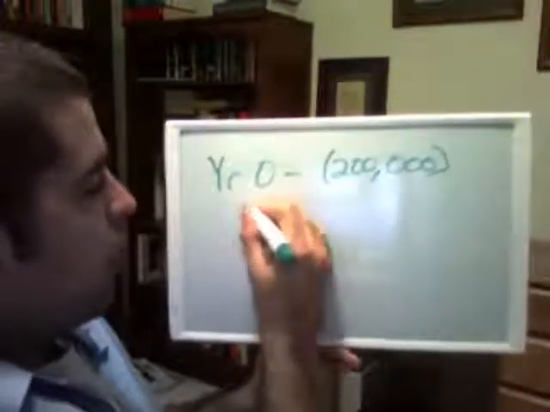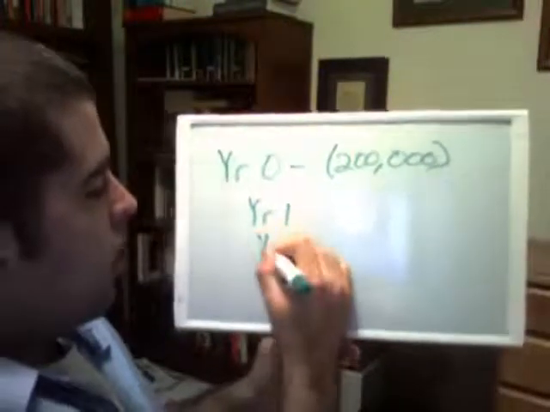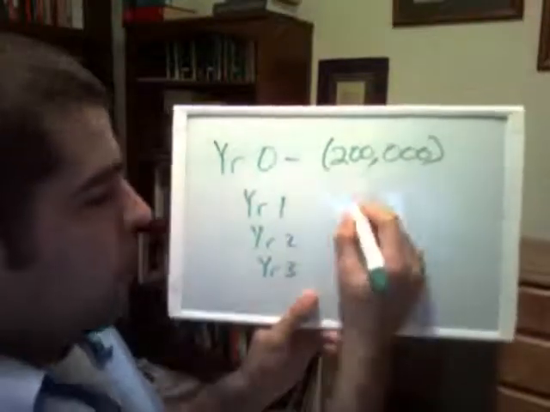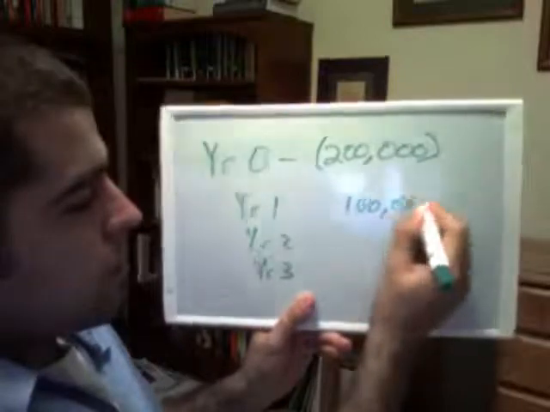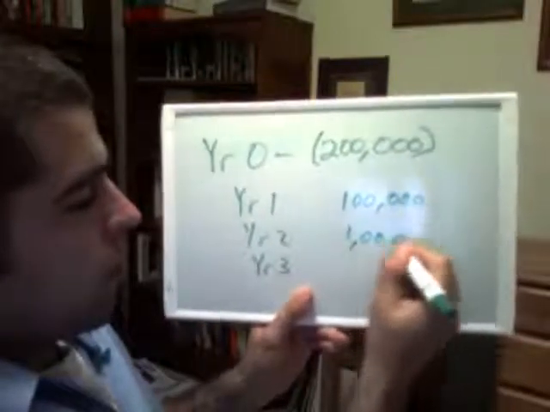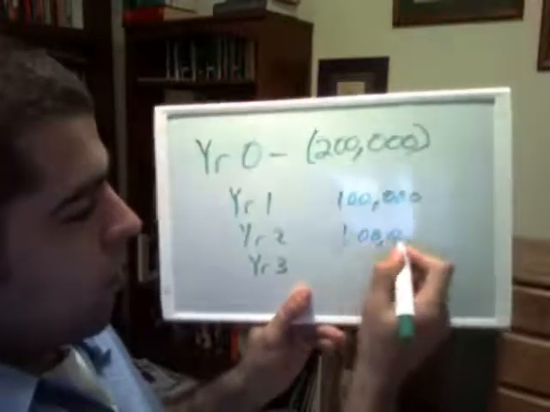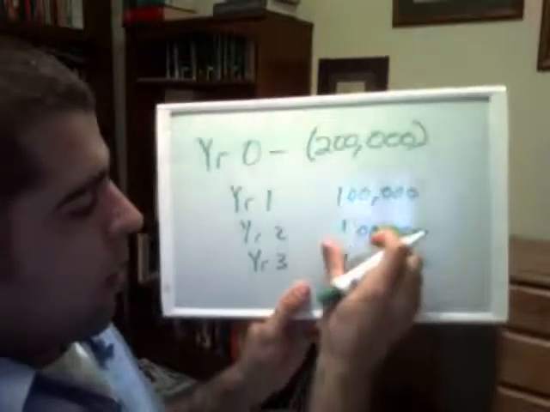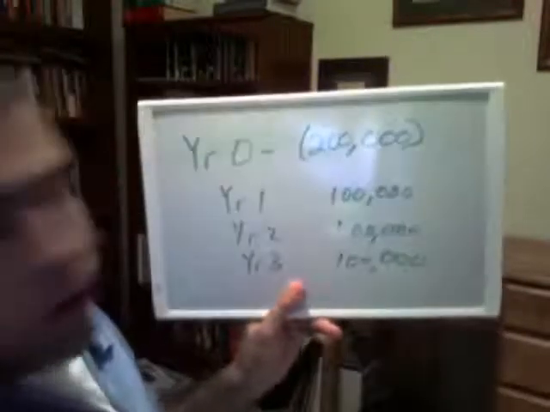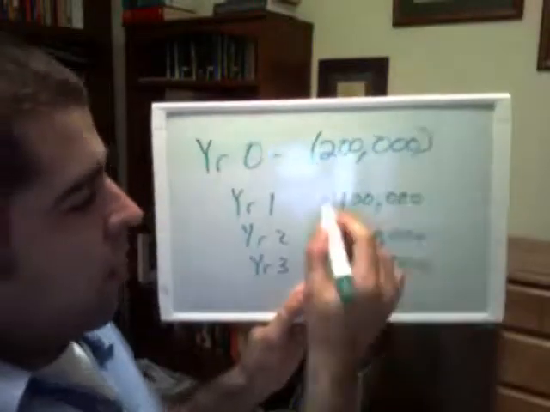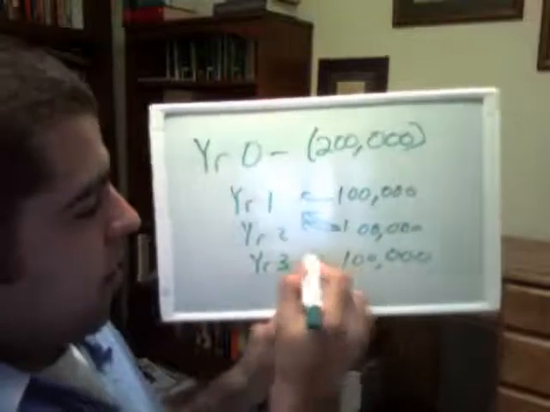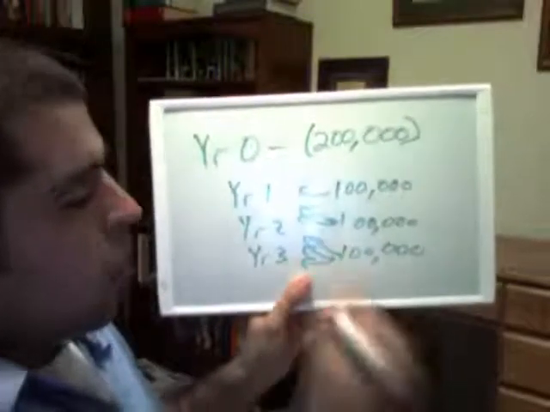So you might have something where you have year 1, year 2, year 3, and each time you get 100,000. And so you can either do this manually, and you can say, we're going to discount this back once, we're going to discount this back twice, we're going to discount this back 3 times, or there's tables there.